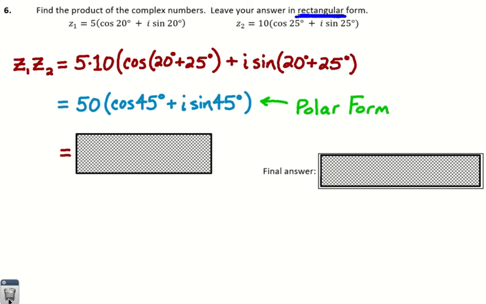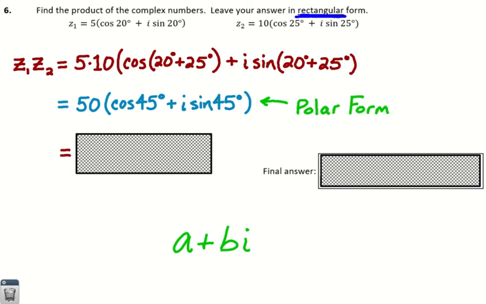So do you remember how I mentioned in class to go from polar form to rectangular form? Remember, rectangular form is A plus BI. So how do you take this and convert it into this form?